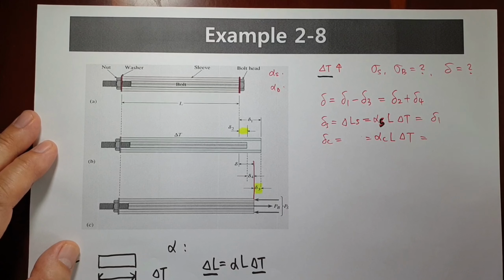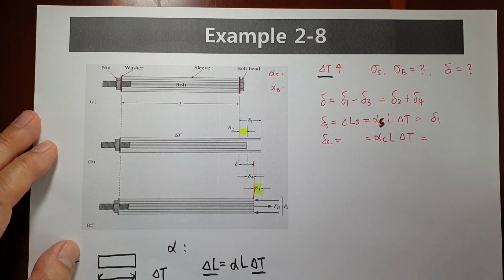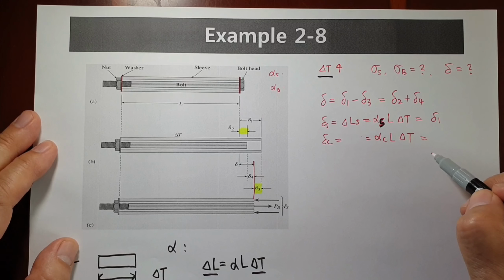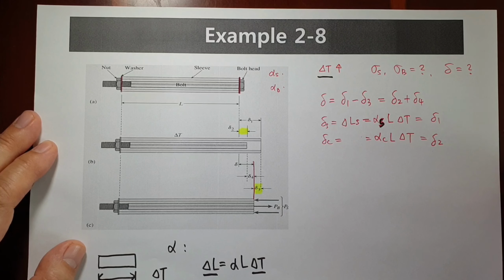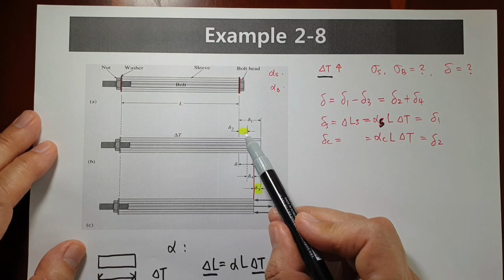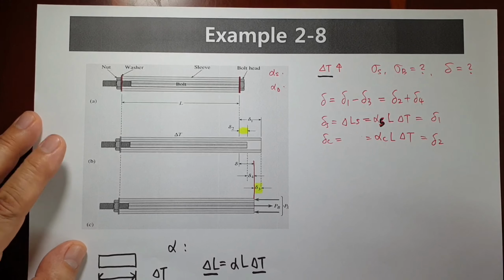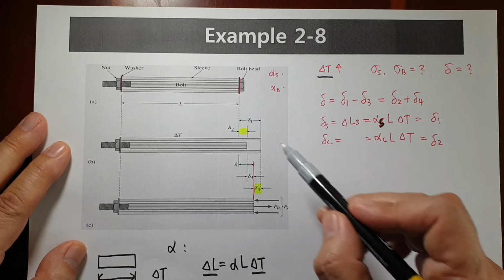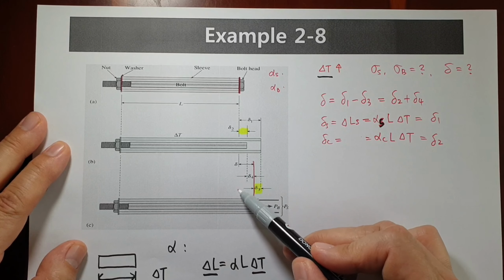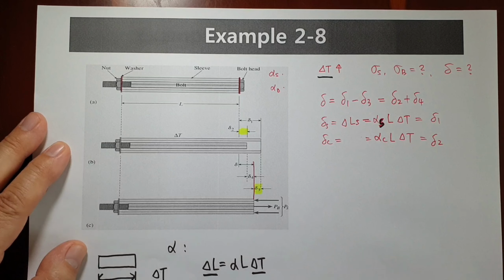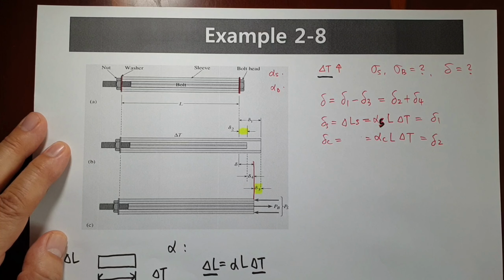The bolt is changed by delta 2. Delta 2 is changed like this, delta 1, delta 2. And it was happened by temperature change. The next step of change to here is due to some elastic deformation.